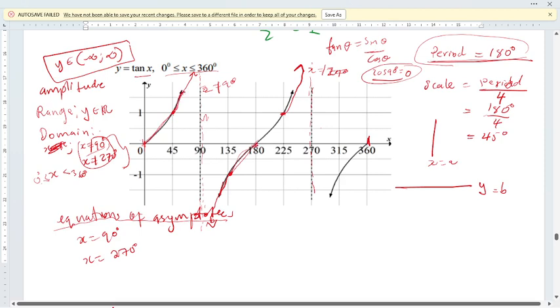From here back to there, what do you see? So how many quarters are there? 1, 2, 3, 4 quarters for a complete cycle. That's why the period of tan is what? 180 degrees, for a complete cycle.